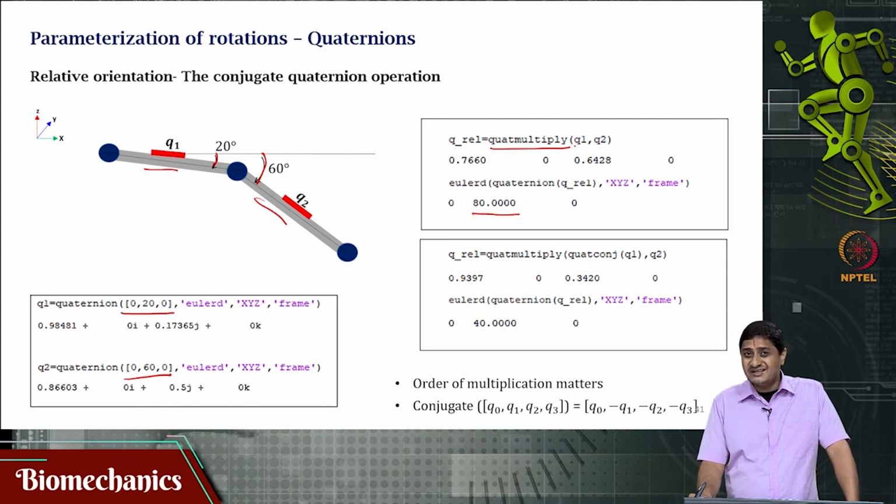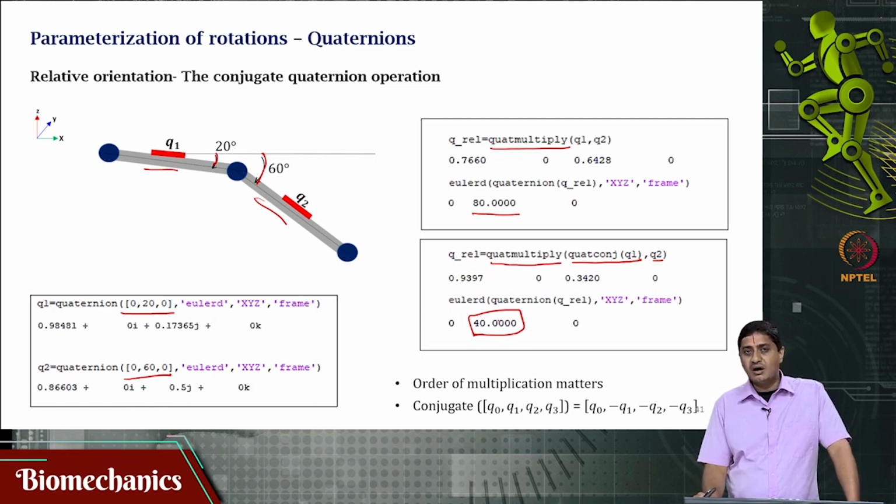But I am interested in finding the relative orientation. To do that, as we said in the unit circle case, you find the complex conjugate of one of the quaternions and then multiply it with the other, and you will get the angle as 40 degrees.